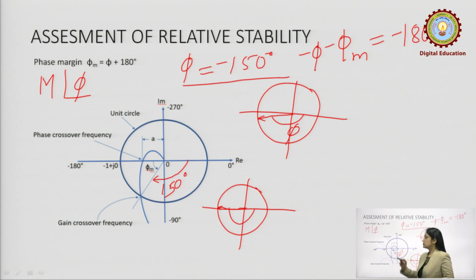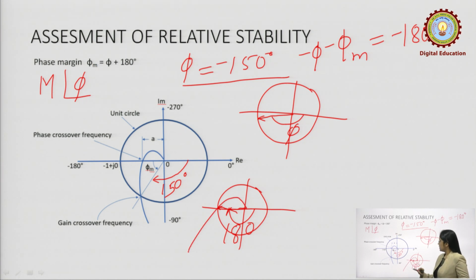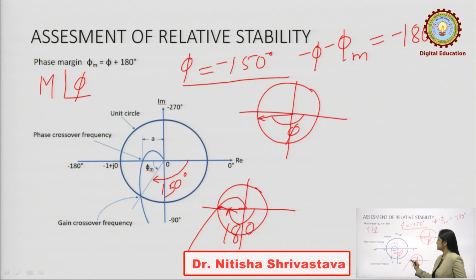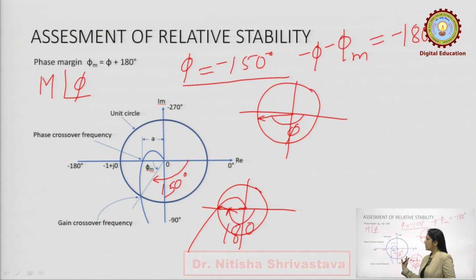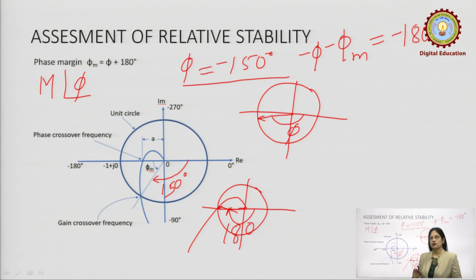So, this is an additional phase margin which is required to bring the system to the verge of instability, because when the phase angle is minus 180 degrees, the polar plot, like this, has a magnitude 1 as well as phase angle minus 180 degrees. So, this is where the system is limitedly stable. Beyond this, the system will be unstable.